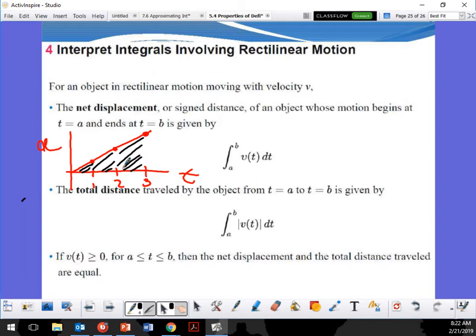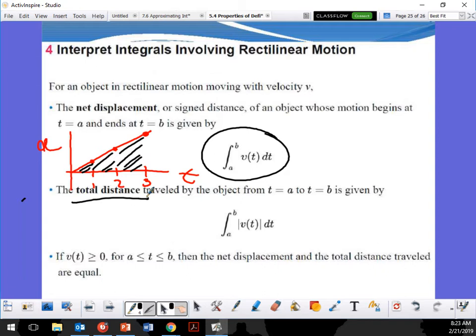Okay, all right. So, net displacement or signed distance of an object whose motion begins at t equals a and ends at t equals b is given by the integral of the velocity from a to b, where v of t is the velocity. But for total distance traveled, we use the absolute value.